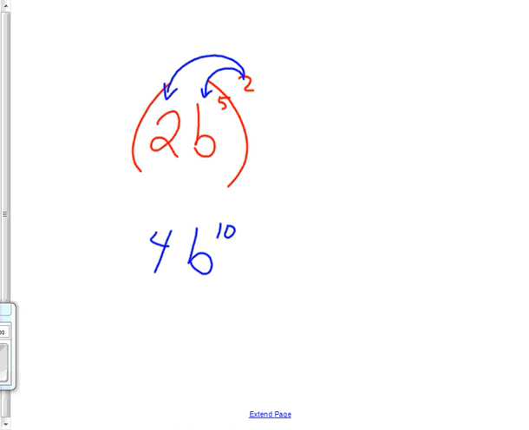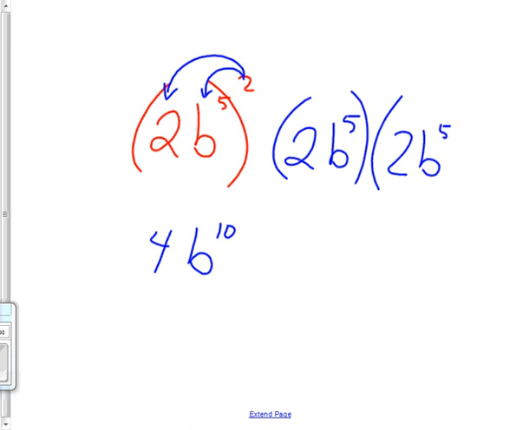Again, if you had to work it out, you could say, oh, squared, that means times itself. 2b to the fifth times 2b to the fifth. And that should make it easier to see that the answer is 4b to the 10th. Okay? All right. Next kind.